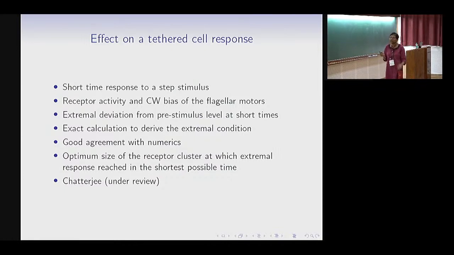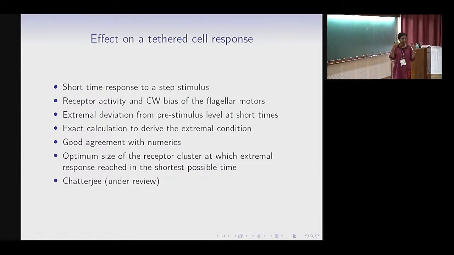So here also we consider a tethered cell and give it some stimulus, and the quantities which experimentalists typically measure are receptor activity and clockwise bias of the flagellar motors. Immediately after giving the stimulus, these quantities change rapidly, reach some extremal level, and then in the long time limit slowly adapt to the post-stimulus adapted state.